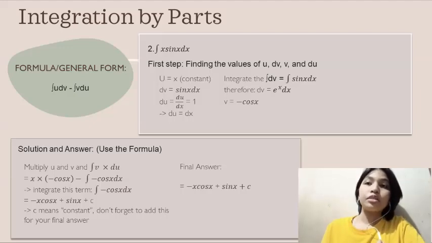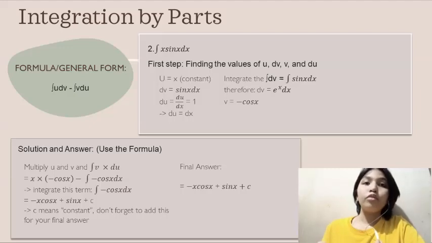And the u is the same as our last example. That means the du for this number will also be the same. du is equal to dx. We use the formula to find our answer: multiply u and v, then subtract the integral of v times du.